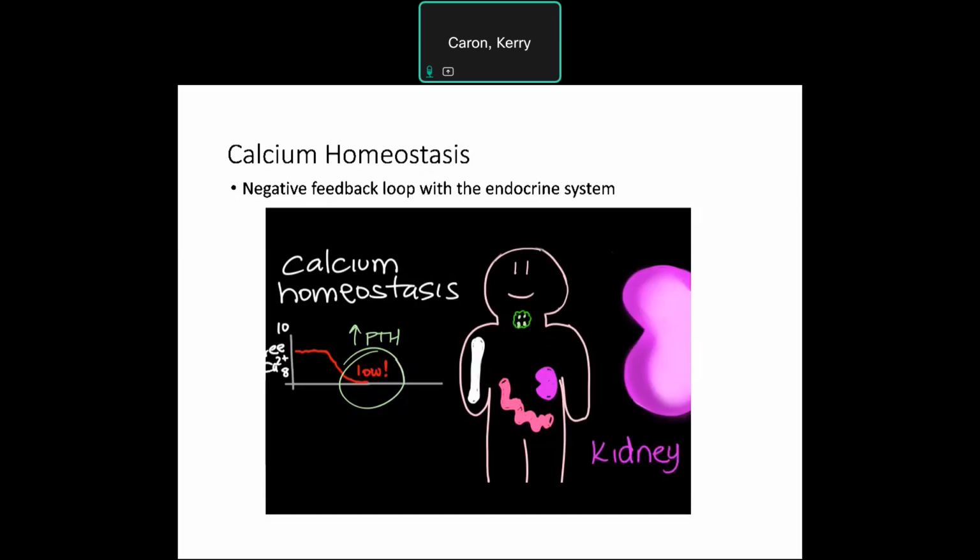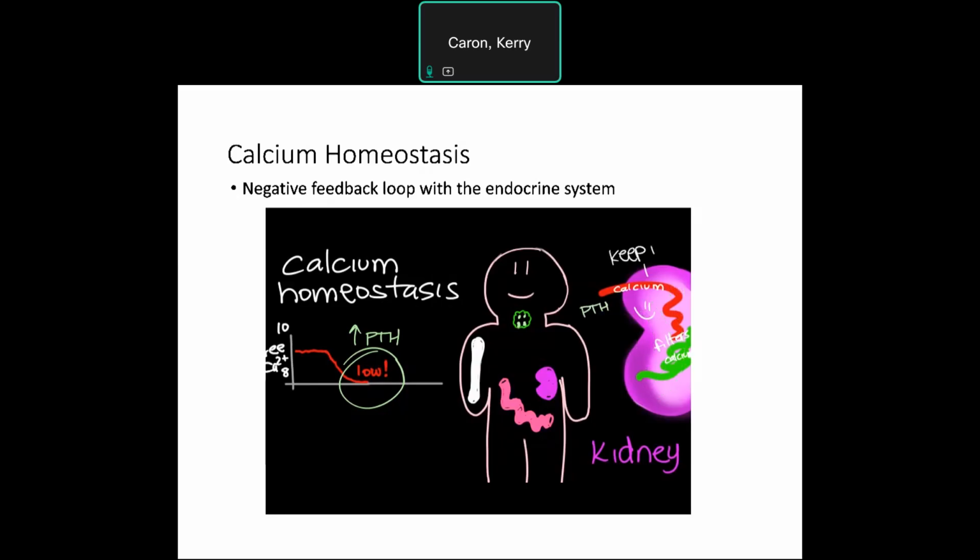Another important target of PTH will be the kidneys. The kidneys are responsible for filtering things in blood, and then they can remove those from the body in urine. Since calcium's in your blood and calcium's very small, it easily filters into the kidneys. The kidney cells then must reabsorb the calcium and keep the calcium in the body. PTH is critically important to tell those cells to keep the calcium that is filtered.